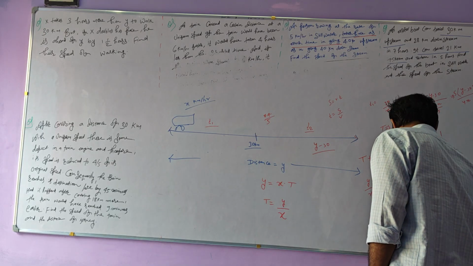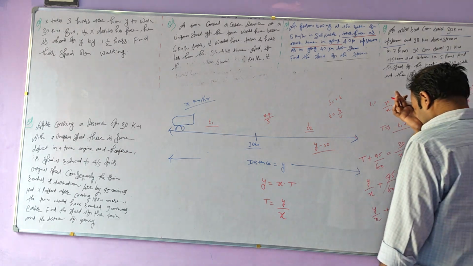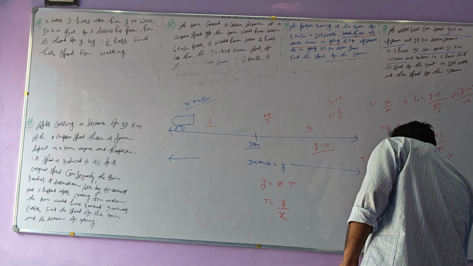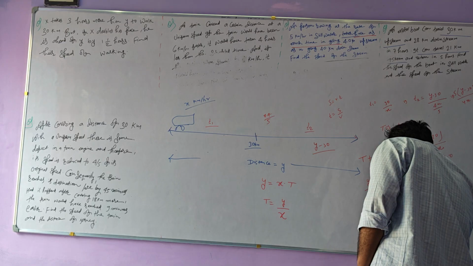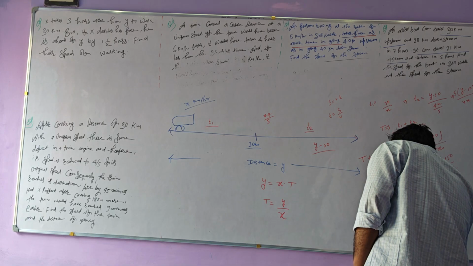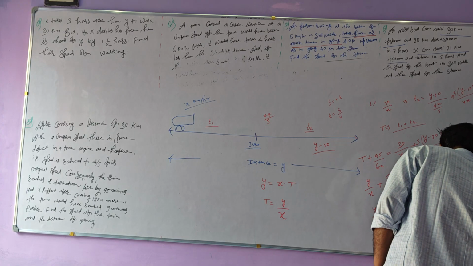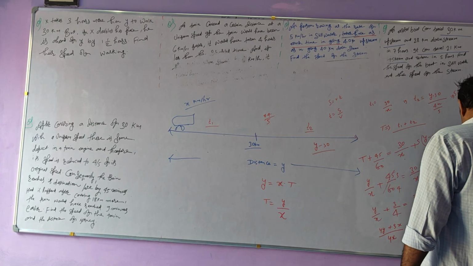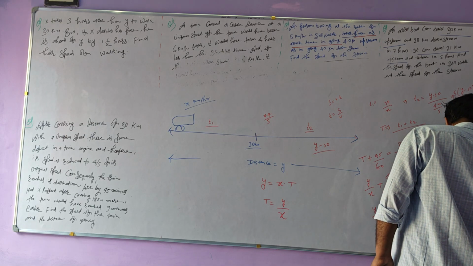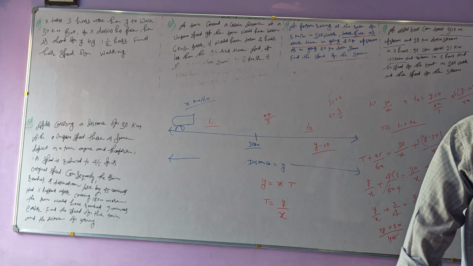When we solve this, 4y plus 3x is equal to 120 plus 5y minus 150, and 4x to 4x cancel each other.